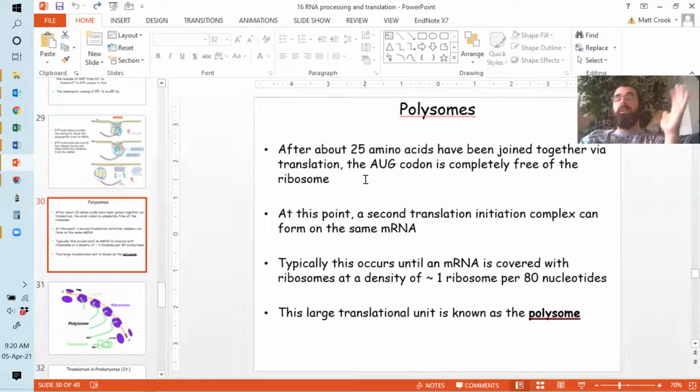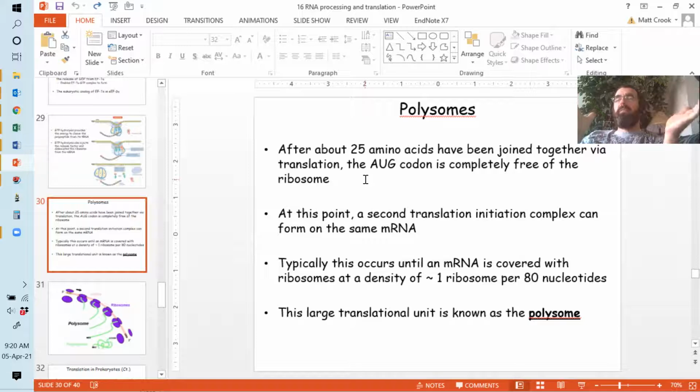Ribosomes are huge, very large protein complexes of tens of proteins and at least 4 different ribosomal RNAs that I can think of. These occupy a lot of space, corresponding to about 25 amino acids.